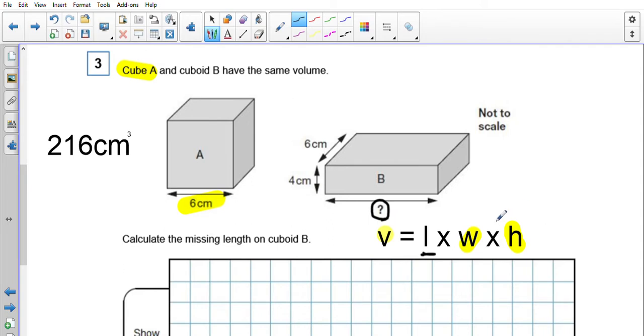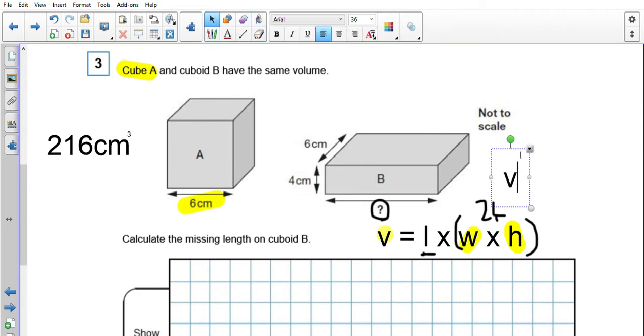If I work out what my width and my height multiply to, 4 times 6 is 24. So my volume is now just my question mark length times 24.